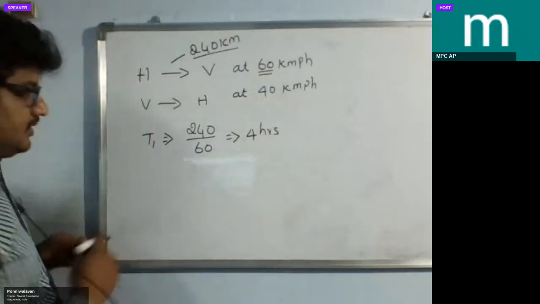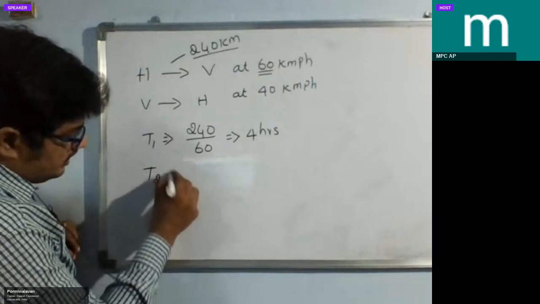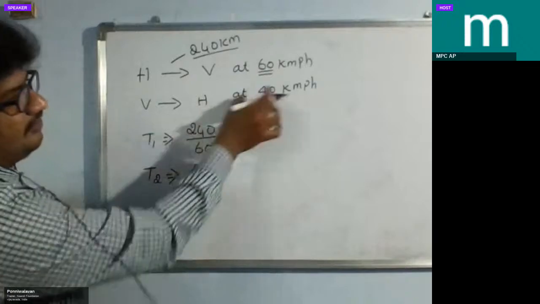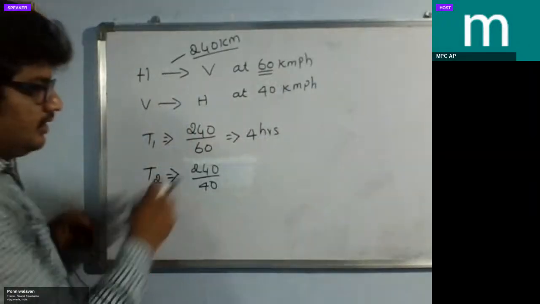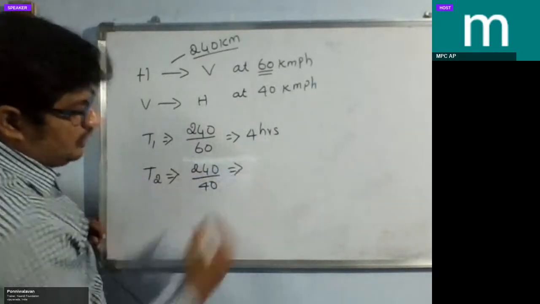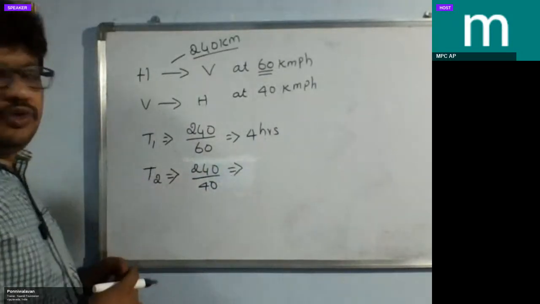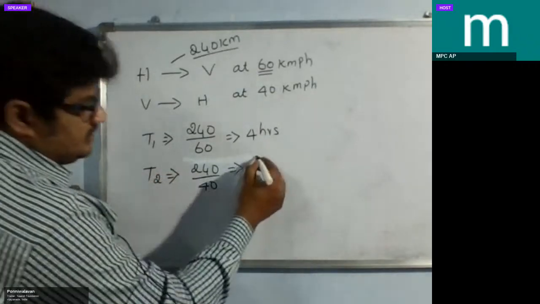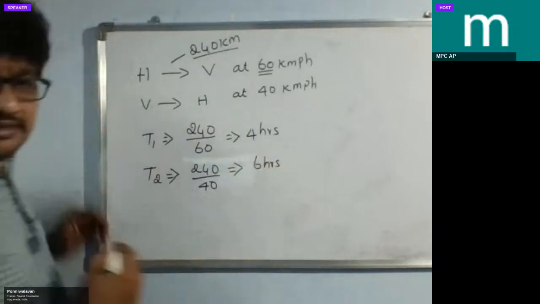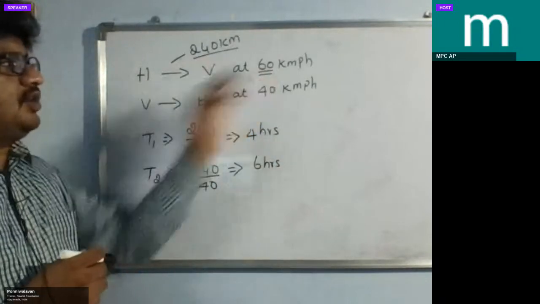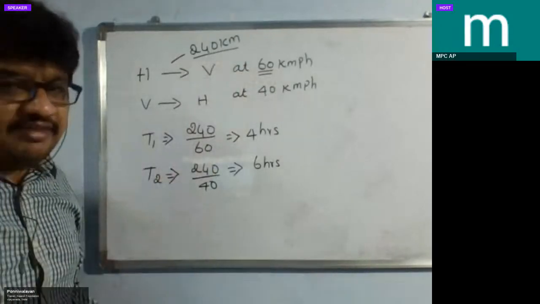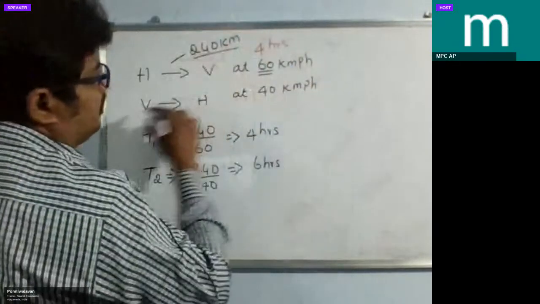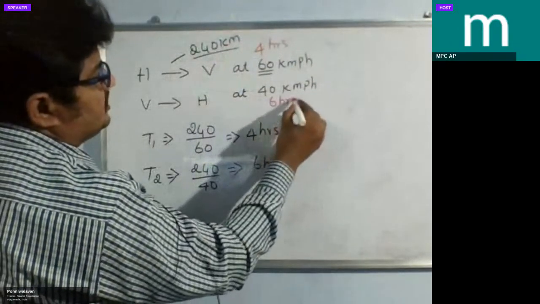While returning, we travel at 40 km per hour, so 240 divided by 40, what is the total time taken? 6 hours. That means from Hyderabad to Vizag we reach in 4 hours, while returning we reach in 6 hours.